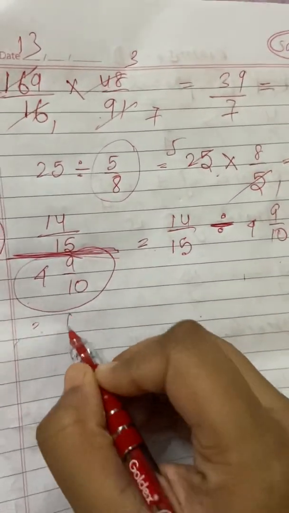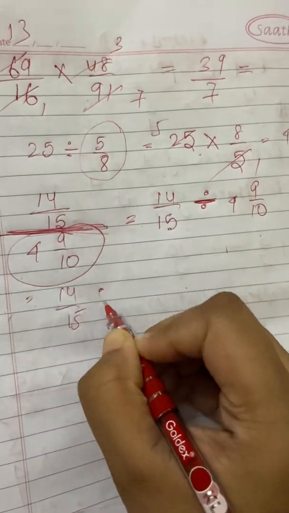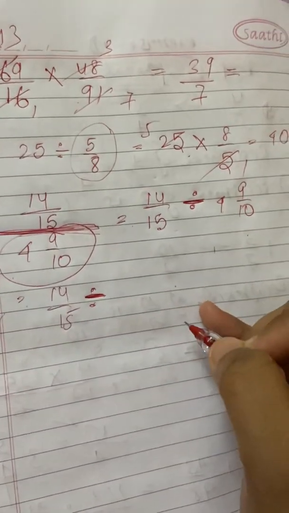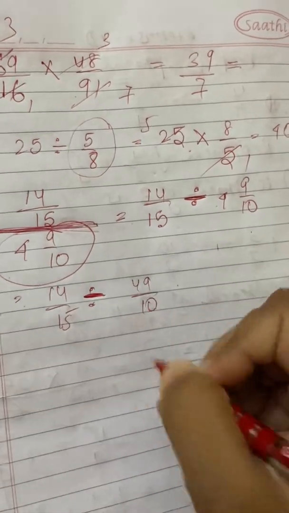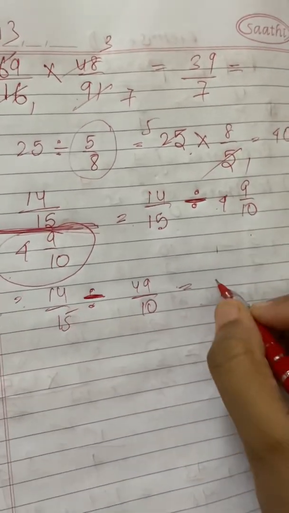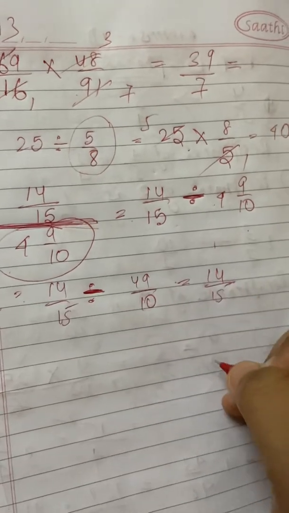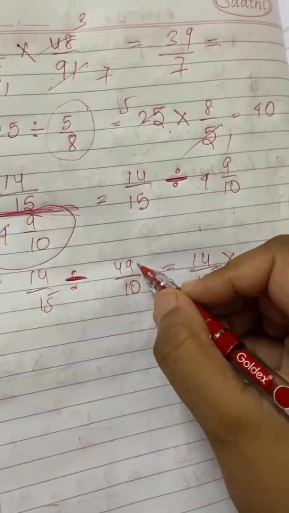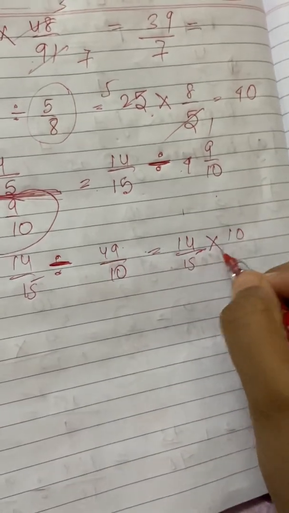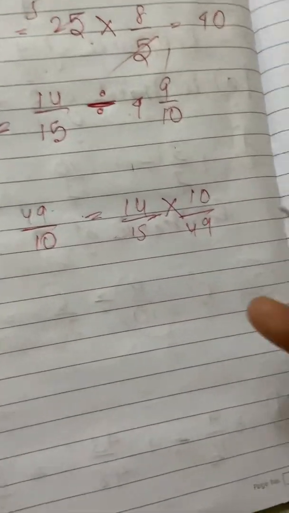Now what we'll do, we'll convert the mixed into improper. 4 into 10, 40 plus 9, 49 by 10. Now we will write the reciprocal form. So instead of division, we'll give into. Instead of 49 by 10, we will write 10 by 49.